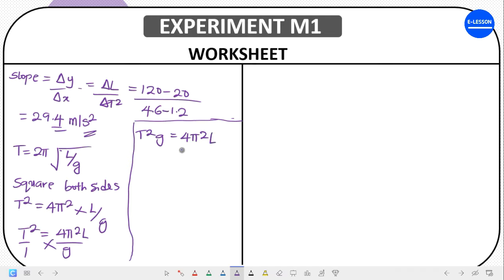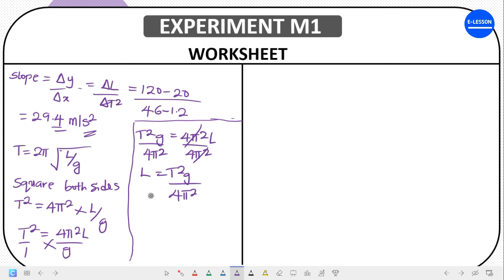Now, to make L subject of the formula, divide both sides by what? 4 pi square. So divide by 4 pi square. This cancels this. L is t square g all over 4 pi square.